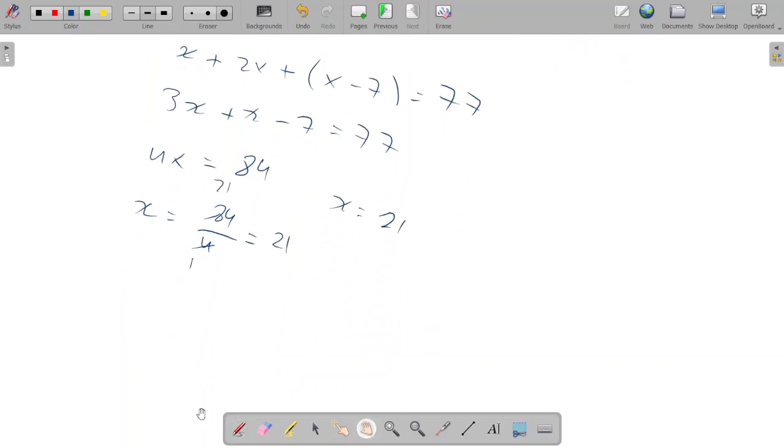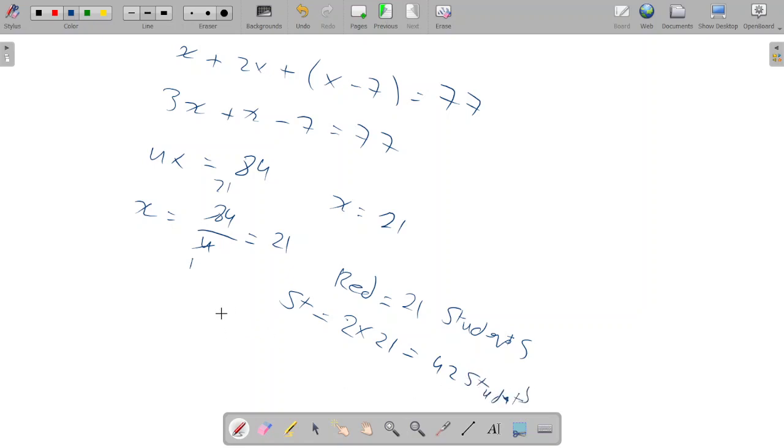Since x equals 21, it means that the red school sent 21 students, and the other school, St., sent a number of 2x. It means that's going to be 2 times 21. It means that they sent 42 students. And the last school, the Francis school, sent an amount of students that is equal to x minus 7.